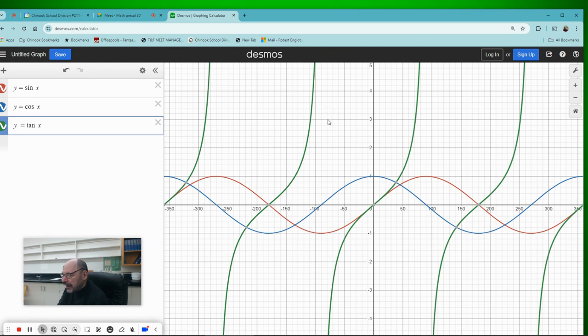Now they don't draw the asymptotes with dotted lines like we do on this graphing calculator, but they're there. They never touch. It never touches at those points, and you see that there it is at 0. There it is at negative 180, negative 360.